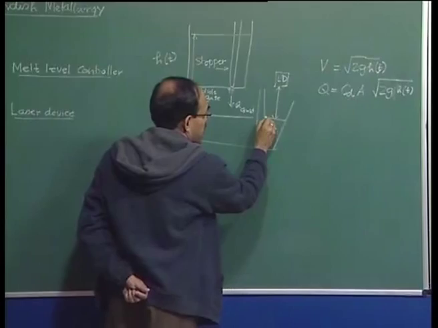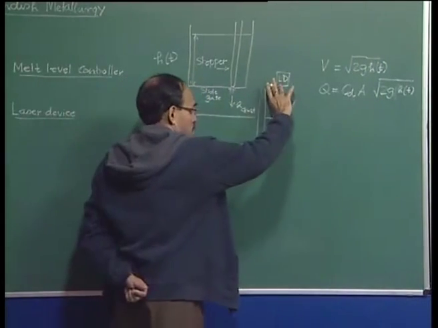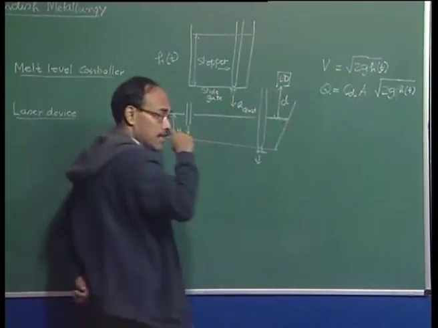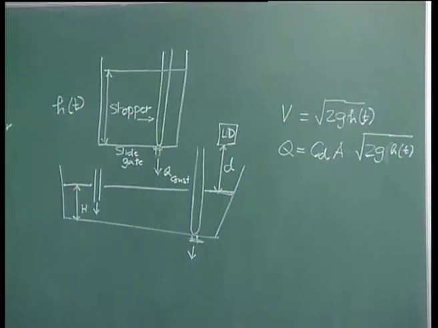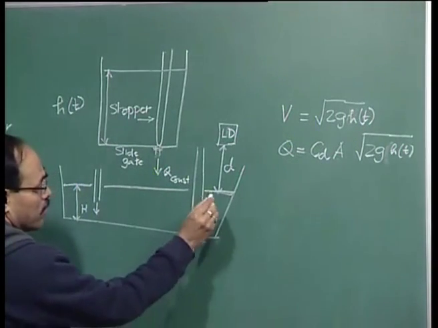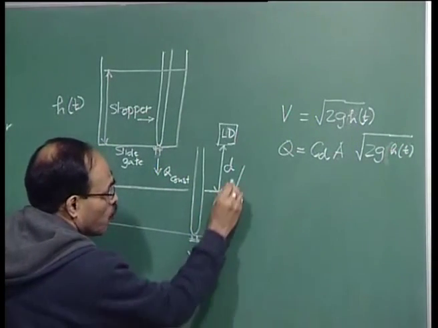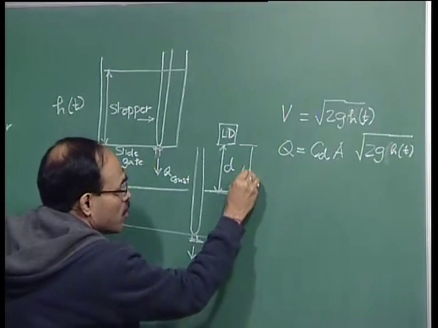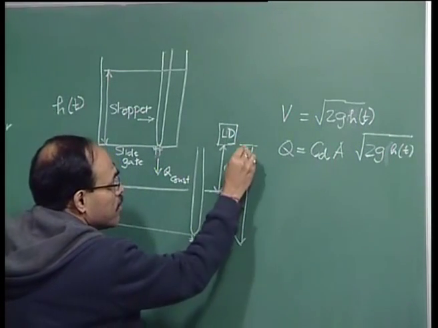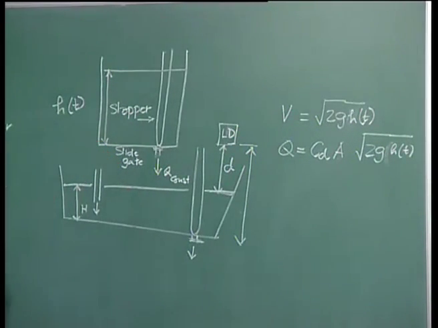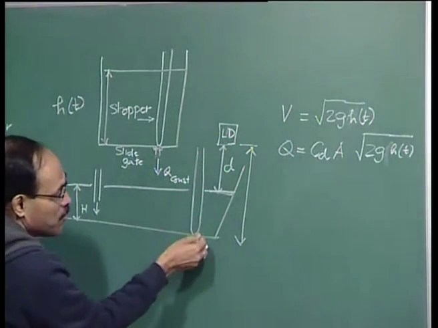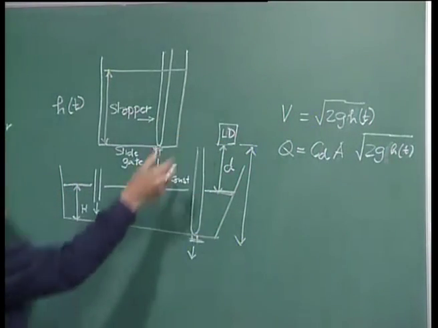and this laser device determines the distance, which is suppose this is d, and we already know the total distance, capital D. This is already known to us. We have positioned the laser at some distance from the base of the tundish, and this distance is known to us.